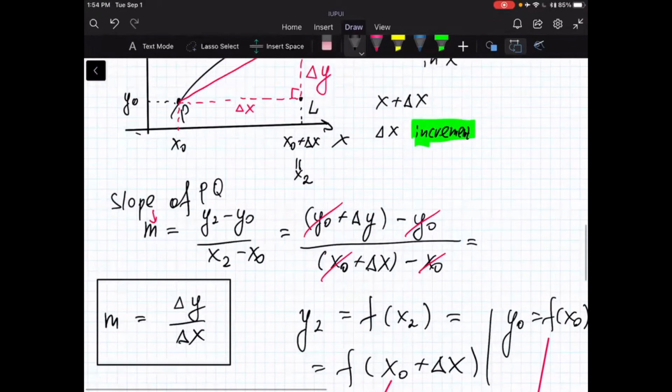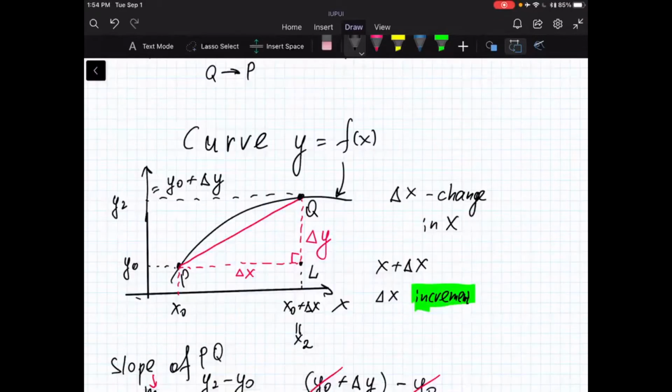Our Q is this point that has coordinates x0 plus delta x and y0 plus delta y.